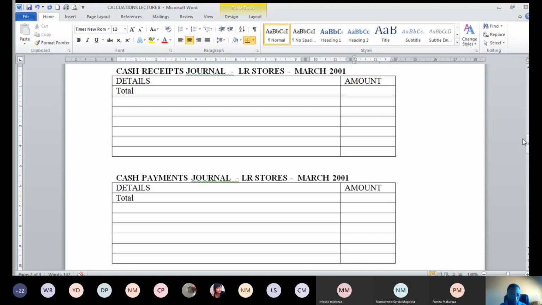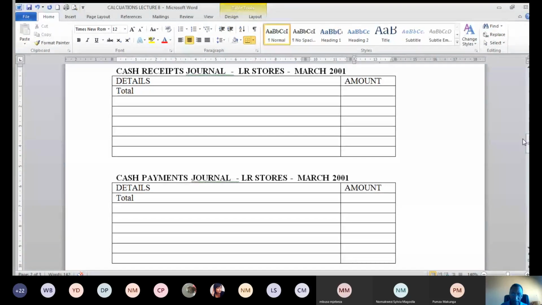I am now going to tick my cash receipts journal to see if those amounts all appear on my bank statement. So in my cash receipts journal, the first amount of 21,000 is there. The next amount of 21,000, there is a 21,000 also on your bank statement.